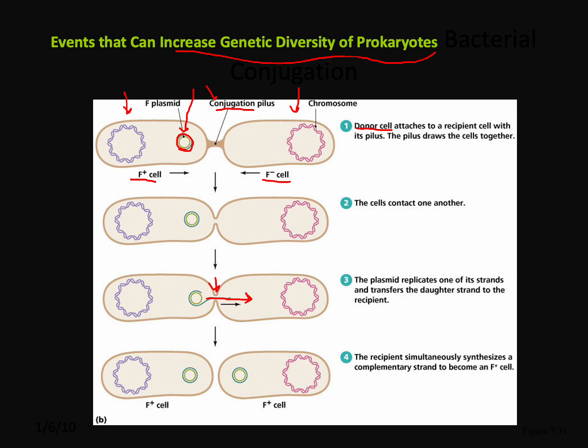And at the end, they'll both have the plasmid present, so now they're both F-positive cells. And why do bacterial cells want to share plasmids anyway? Oftentimes, plasmids code for different types of resistance genes or resistance factors. So they let bacterial cells be resistant to things like antibiotics that would normally kill it in the environment. So they're able to share this genetic material between different cells.